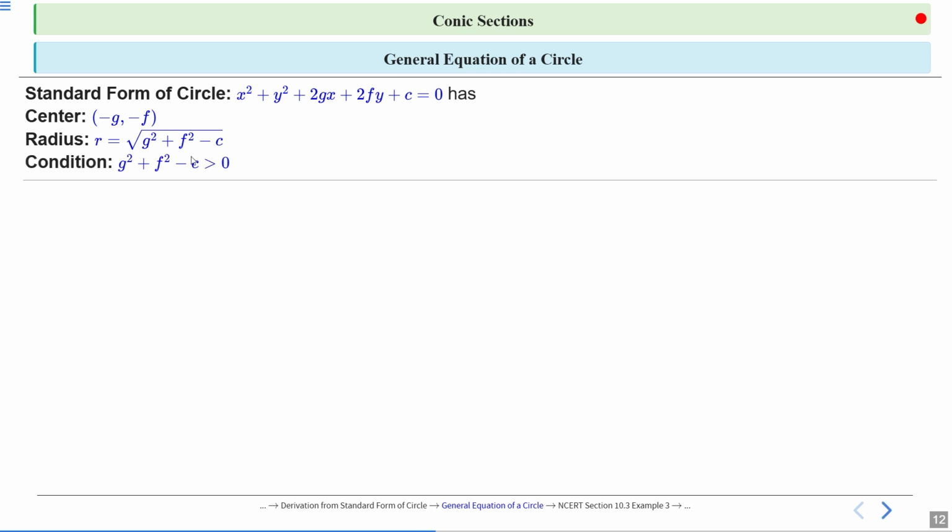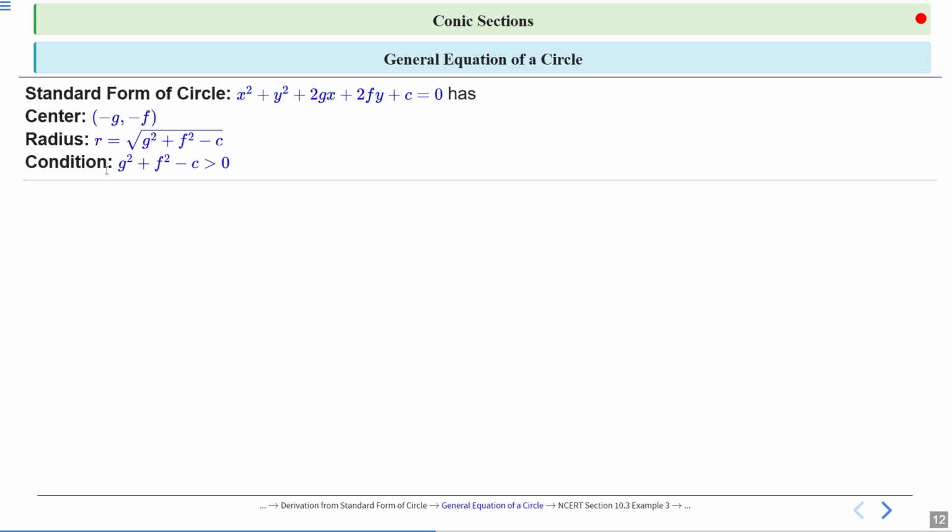And what is the condition? For getting the standard form of circle, here is the condition: g square plus f square minus c should be greater than 0. So note this condition. For defining a square root, the value within the square root should be greater than or equal to 0.